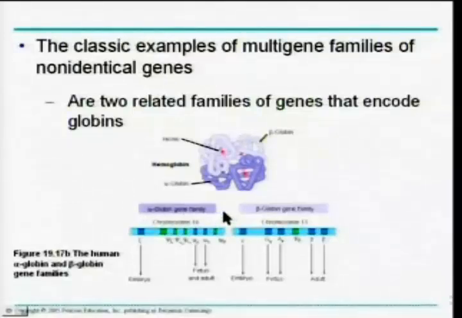So the human alpha globin and beta globin gene families, hemoglobin is composed of the 2 alpha, 2 beta globin polypeptide subunits. The genes, the dark blue encoding alpha and beta globins, are found in 2 families organized as shown here. The non-coding DNA separating the functional genes within each family cluster includes pseudogenes, shown in green.